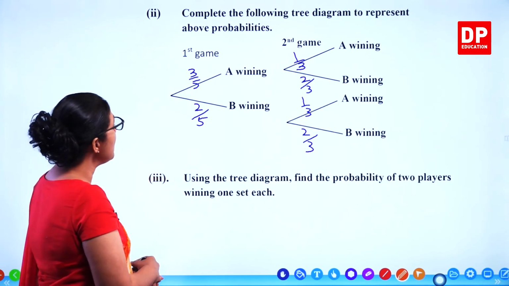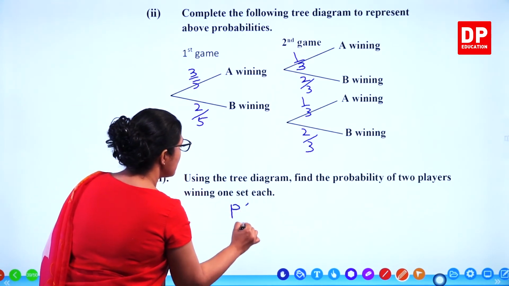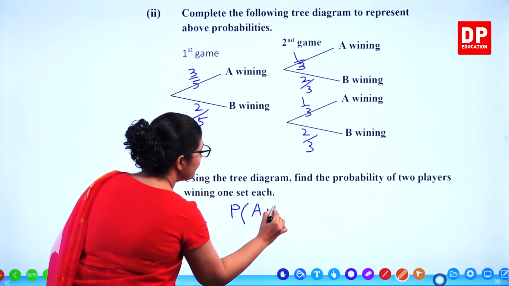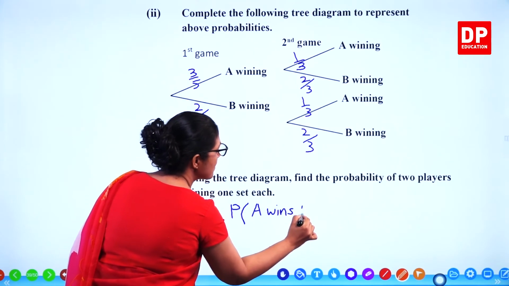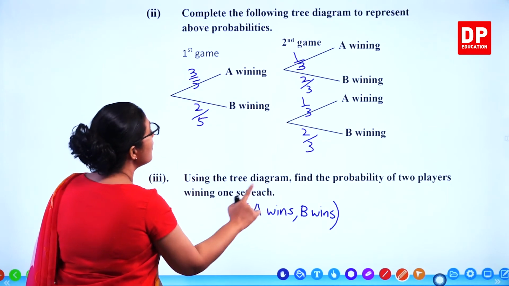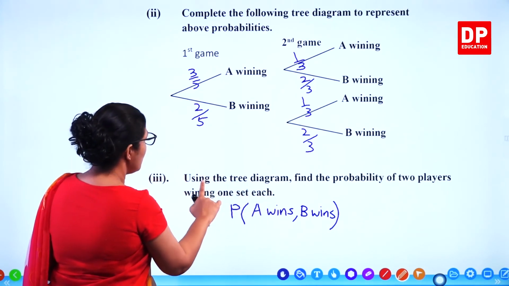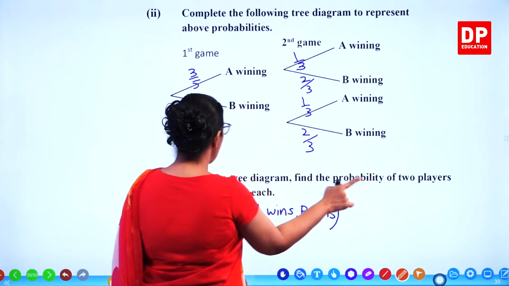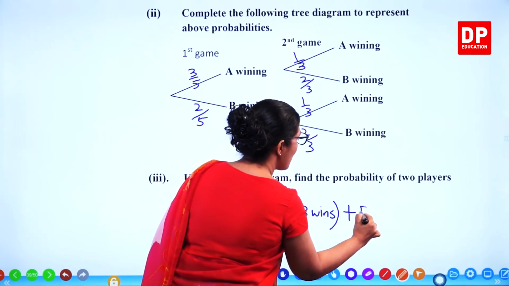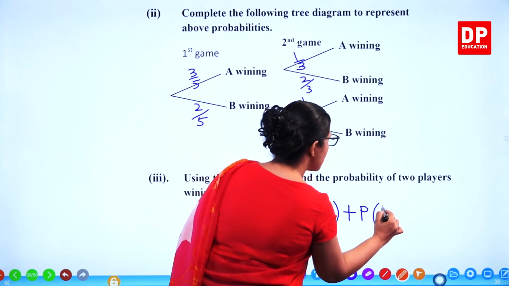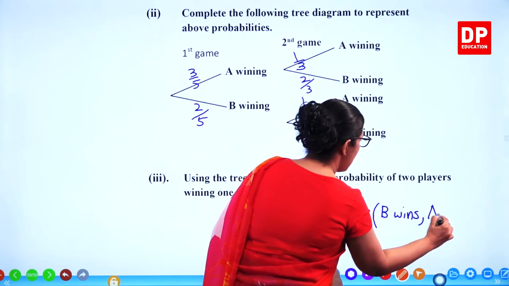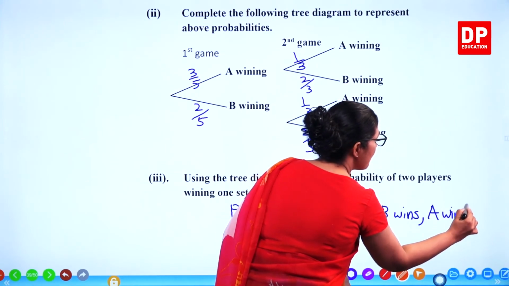So, what are the possibilities? So, one is probability of A wins and the next time B wins. Then the second one, first game B wins and the next one A wins for the second time.